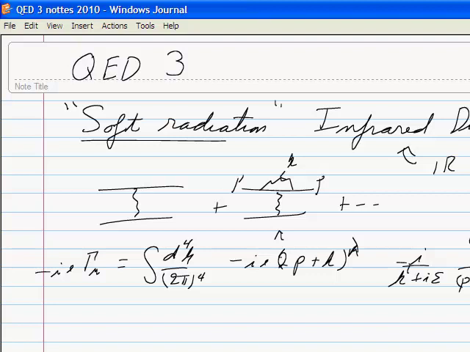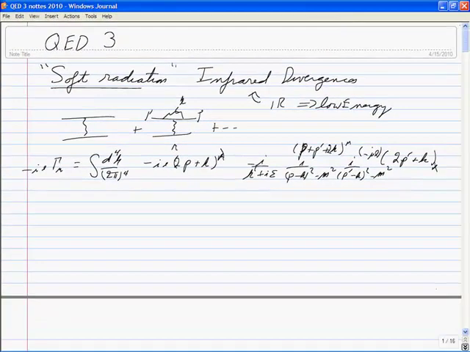Okay, so infrared means low energies, so when k gets very small. Okay, so all the stuff in the numerators, the k getting small doesn't do any damage. But there's a 1 over k squared there, and there's k's there. So let's just look at that.